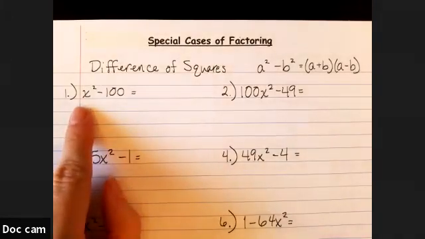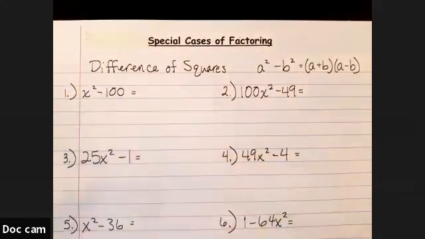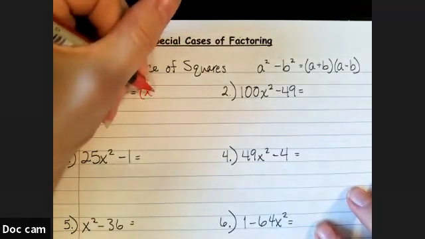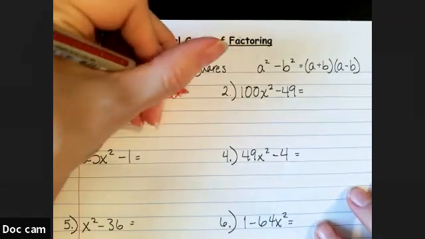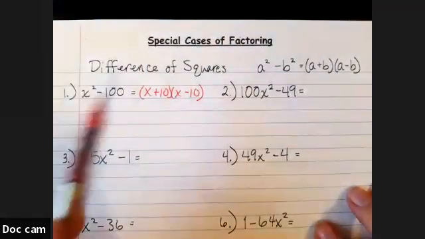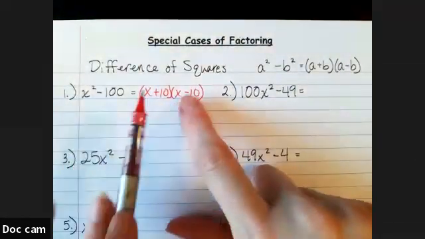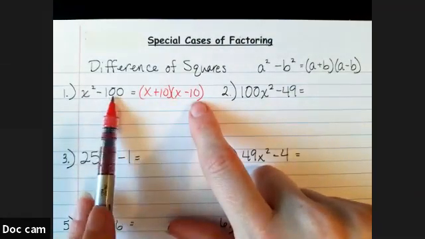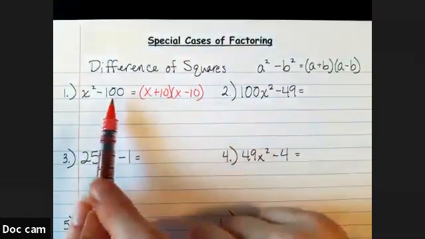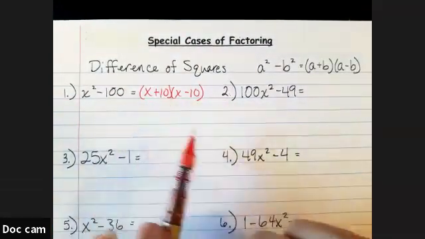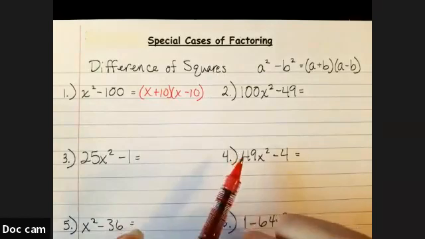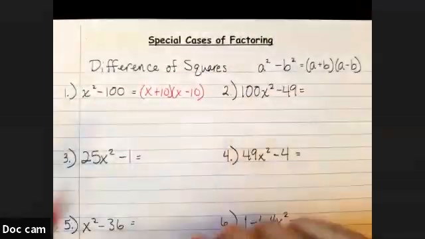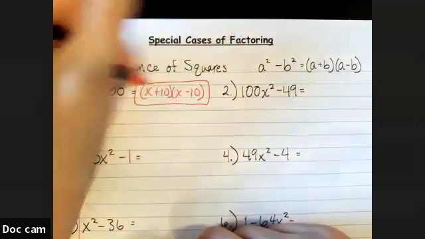So x squared minus 100, when you factor that, it's just going to be x plus 10 times x minus 10, because x times x gives you the x squared, and 10 times 10 gives you the 100. That's because the square root of 100 is 10. And the order doesn't matter, plus or minus, either one. Easy peasy.